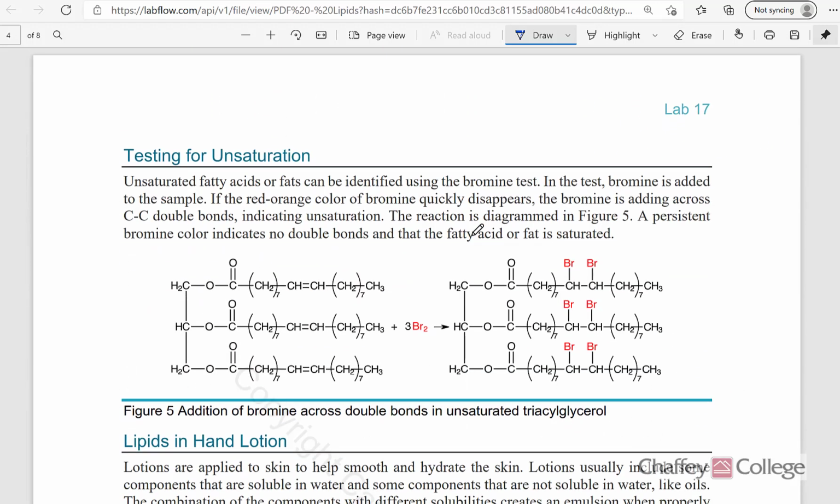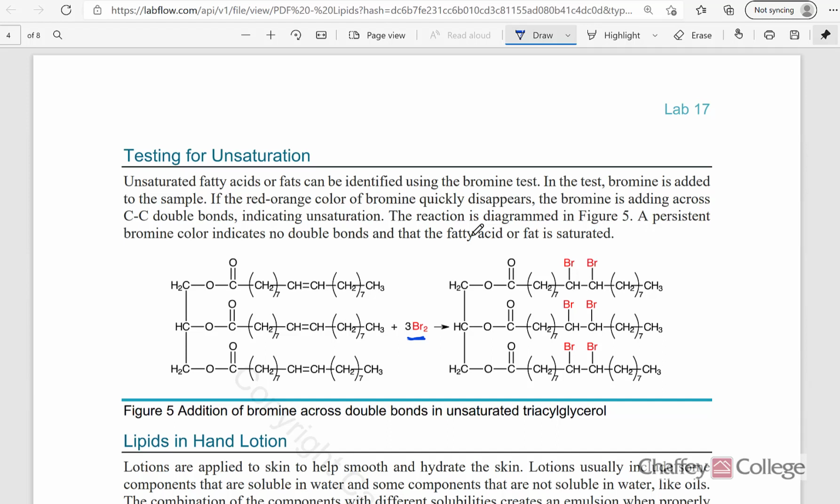Another chemical reaction which we will look at in this week's lab is the reaction of various fatty acids or triglycerides with bromine. So this reaction is actually used for checking if there is unsaturation present or not.